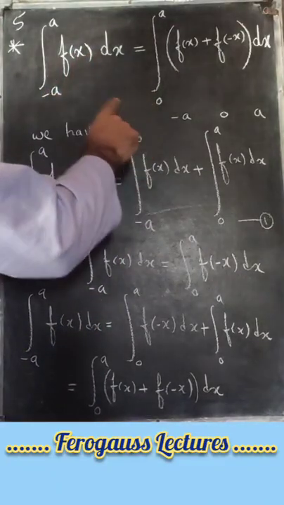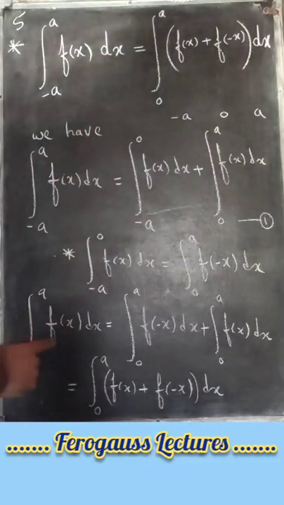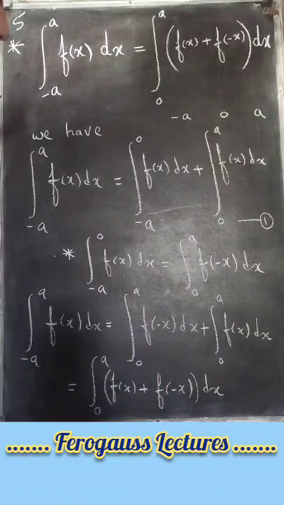Thus we have proved that the integral from -a to a of f(x) dx is equal to the integral from 0 to a of [f(x) + f(-x)] dx. This proves property number 5.